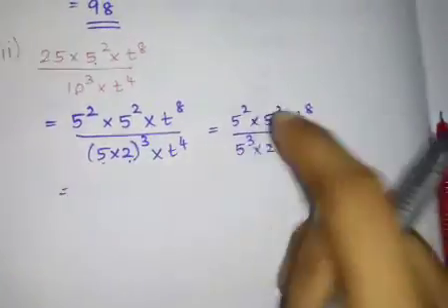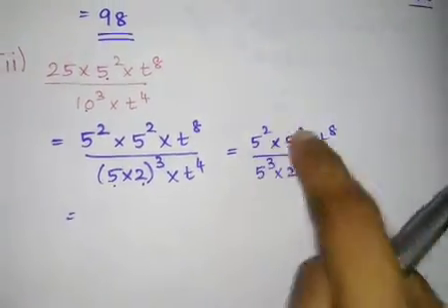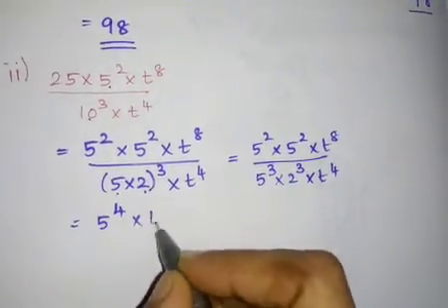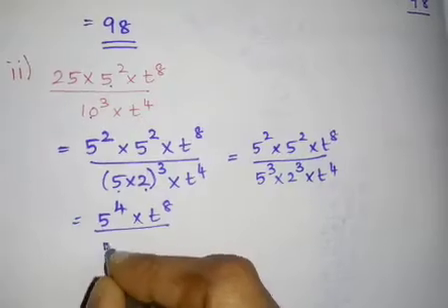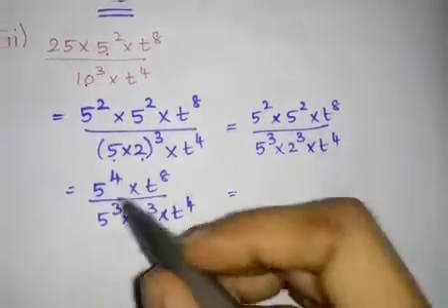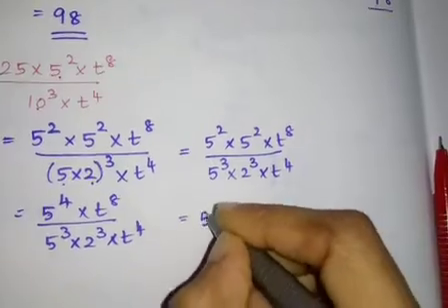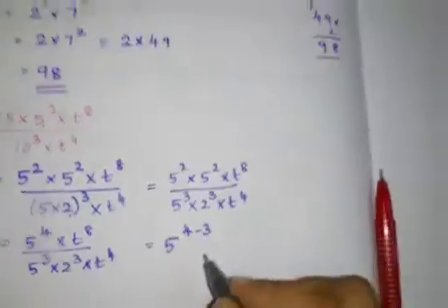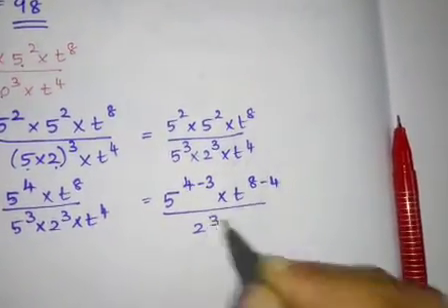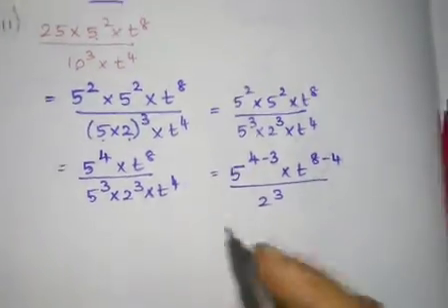Now check what you can do in the numerator and denominator. Yes, because we have the same base, add your powers: 2 plus 2, 4, into t power 8 divided by 5 cube into 2 cube into t power 4. In the denominator, because we have the same base, subtract your powers: 4 minus 3 into t power 8 minus 4 divided by 2 cube, because this 2 cube doesn't have any pair in the numerator, so write it in the denominator itself.